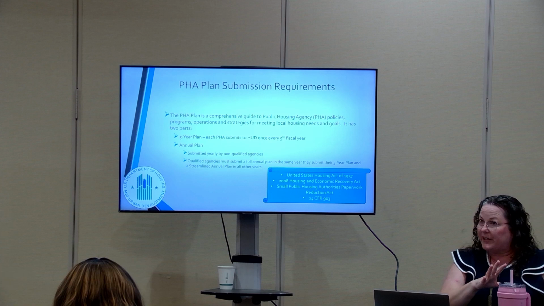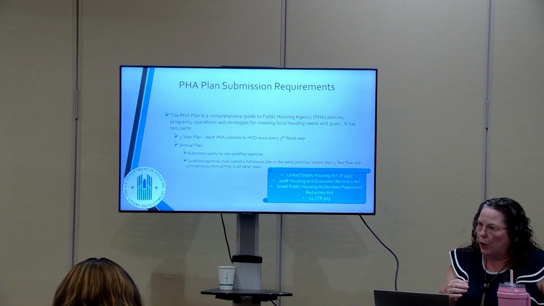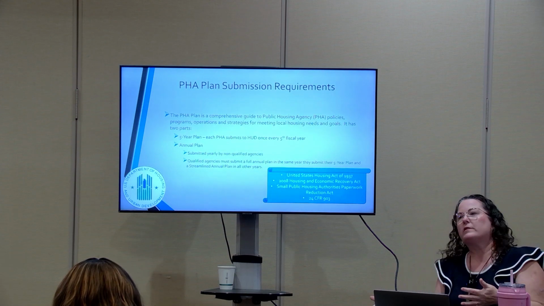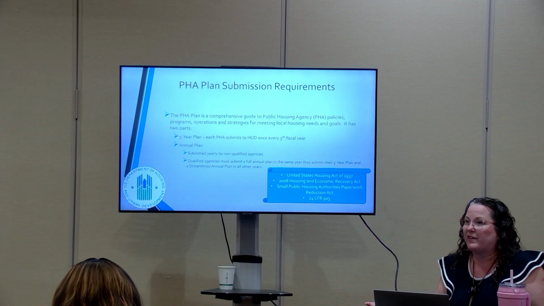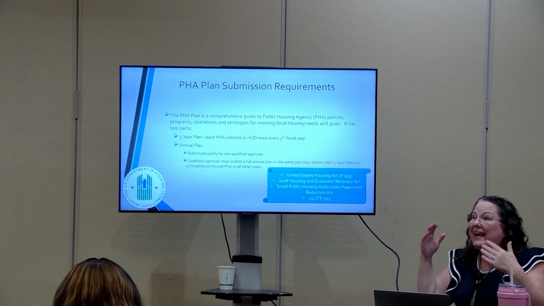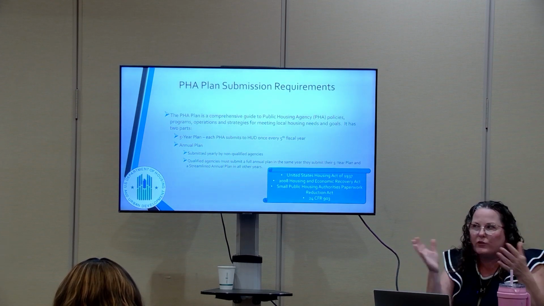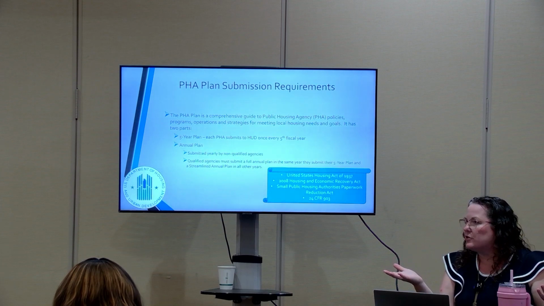On the 5-year year, which is this year, you were supposed to do everything per the policy. But then the portal is not letting you do that. So small PHAs, it's just having you do the civil rights certification. That's all it is. And in the portal, they're basically calling that your annual plan. Even though it's not an annual plan, that's what they're calling it, but it's your civil rights certification.